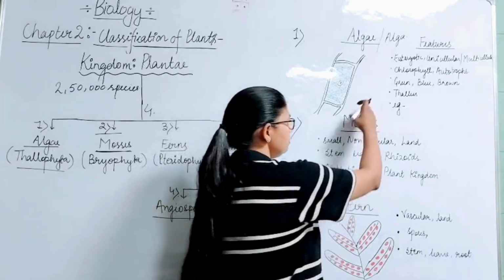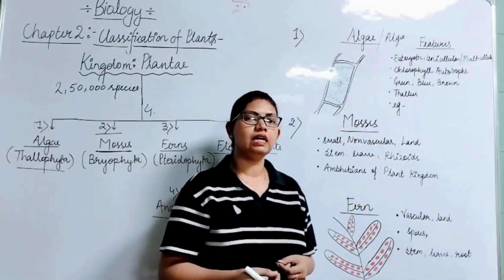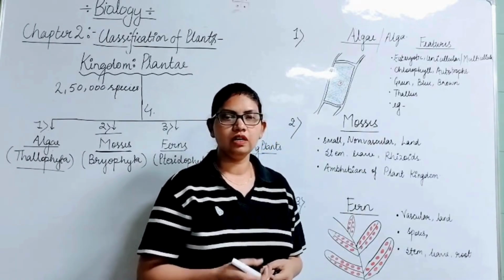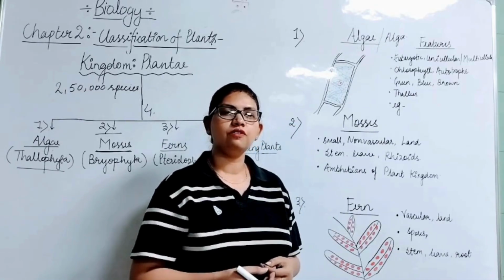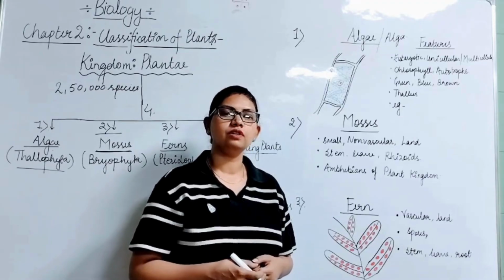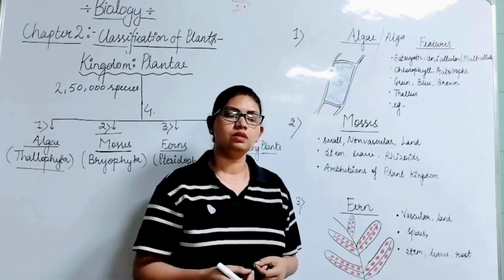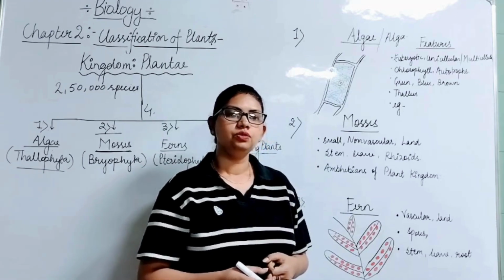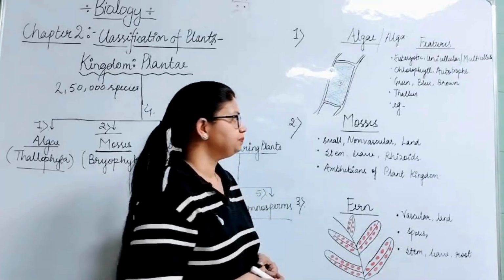Next feature is most of the algae are green in color because they have chlorophyll, while some algae do not have chlorophyll and these are red or brown in color, so called red algae or brown algae, due to the presence of different pigments such as carotenoids.